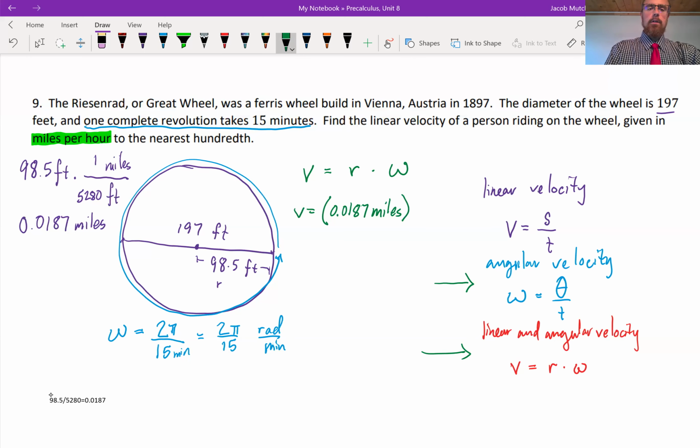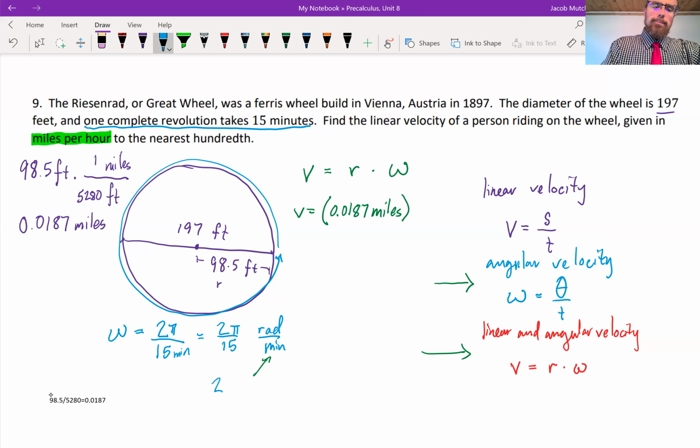times the angular velocity. There I need to make sure I'm in the correct units for time, and I'm not. It needs to be miles per hour, and the time frame that I've got is minutes. So I need to do something similar to what we did with feet to miles. I need to convert minutes to hours.